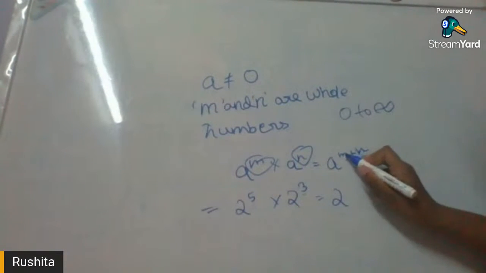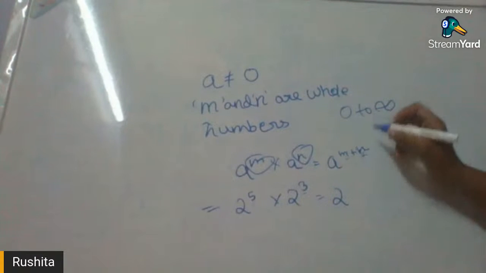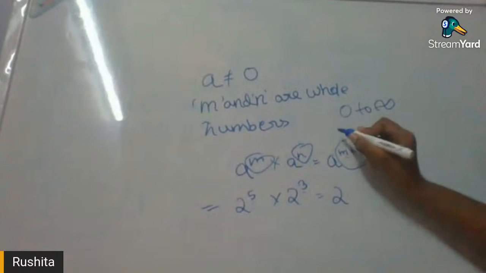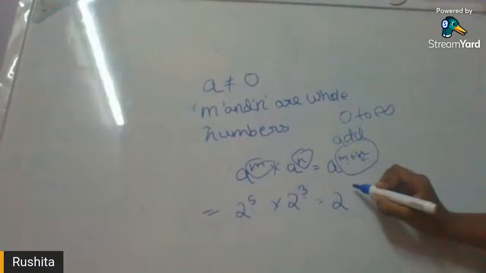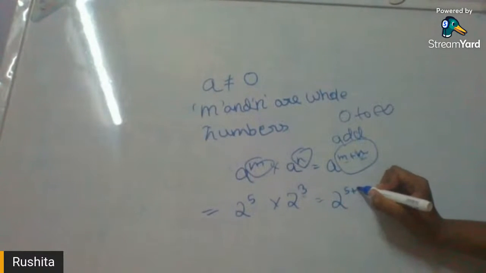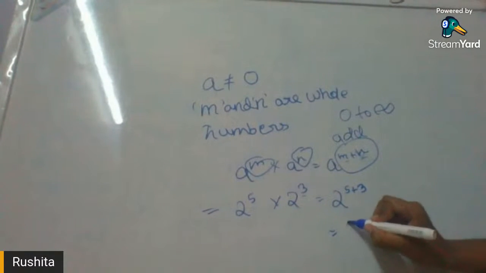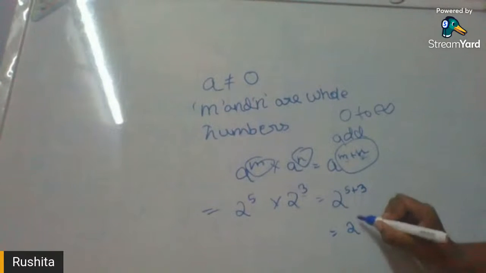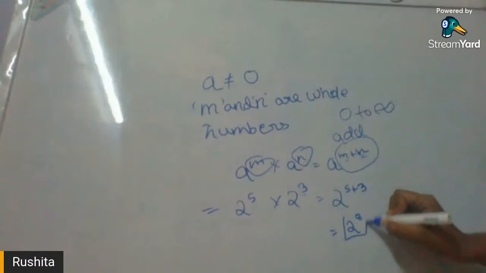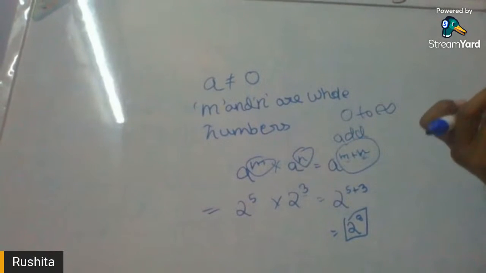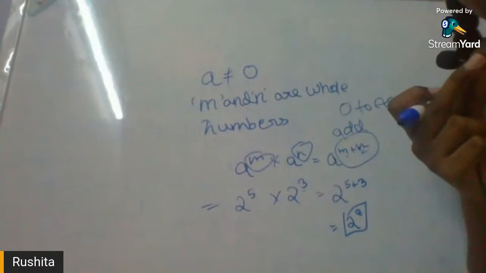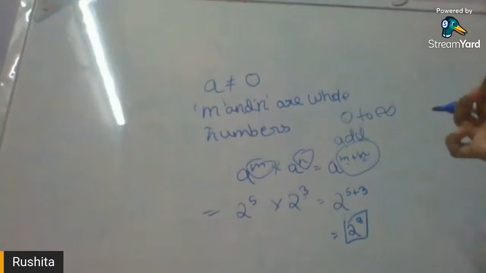They have added them. So we add 5 plus 3, which is 8. So 2 to the power of 8 is the answer. Understood? Yes, you guys understood.